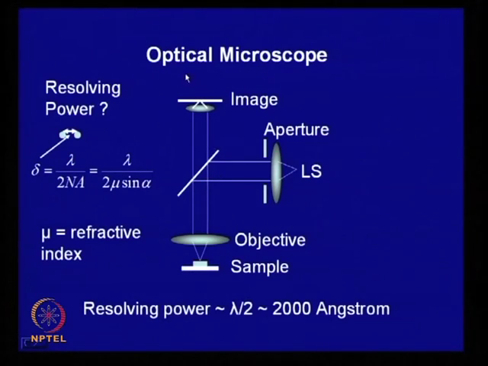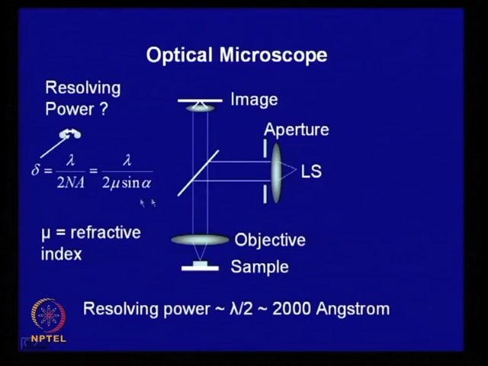In an optical microscope, we use visible radiation, and visible radiation has a wavelength, as you know, around 4000 to 6000 angstrom, and the resolving power is equal to the wavelength over twice the numerical aperture. This numerical aperture is a measure of the amount of light which comes in.